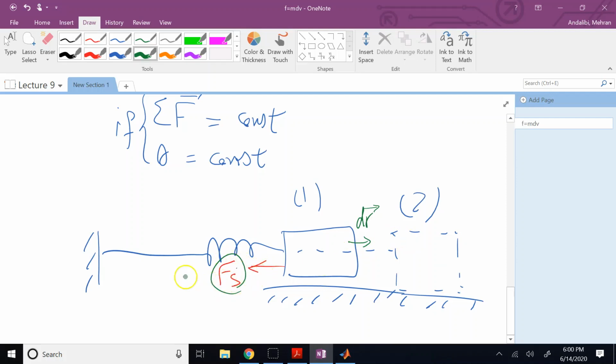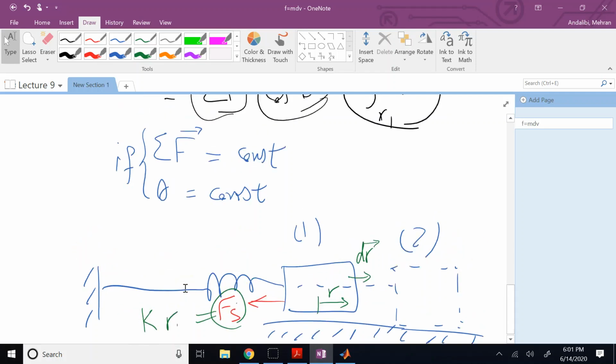We know that the force of the spring is K times delta L, and again, if I assume in position 1 it was unstretched, then if I call the distance from position 1 to an arbitrary position R, it's going to be K times R, the elongation. So clearly, as I make it more and more stretched, the force is getting bigger and bigger.